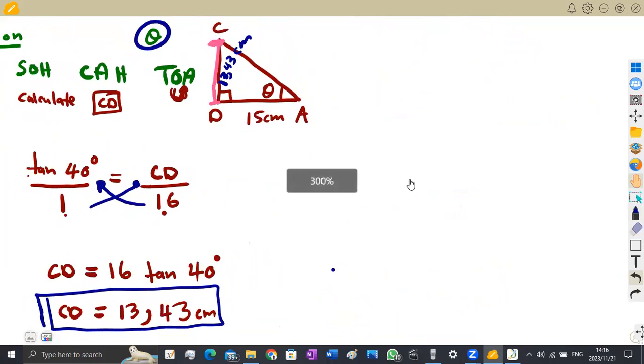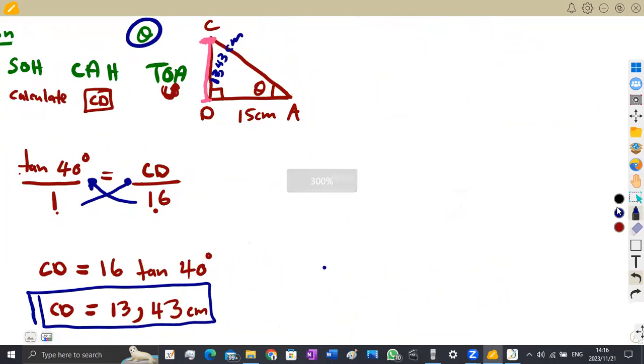At least you must have two sides. So once you've got two sides like this, how do you use your ratio? According to theta, this side here is your opposite.